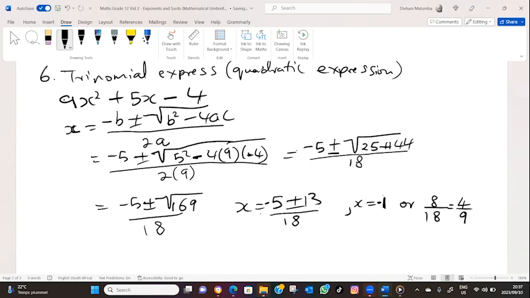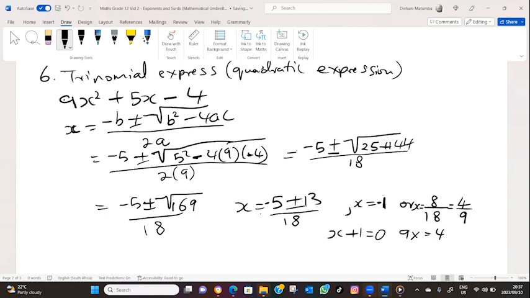Now, how do we get the factors? If you take minus 1 onto the other side, you will get x plus 1 equals 0. And then on this solution of 4 over 9, first of all, if I cross multiply, 9x equals 4.